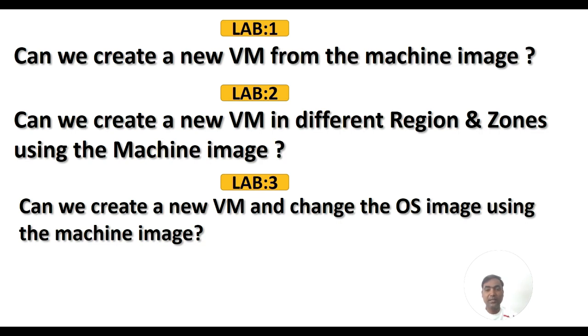If you select the same machine image and the same region and zone, there is no error. But if you select a different region and zone, then you can change the machine image based on your project requirement. Now I hope you understand it.